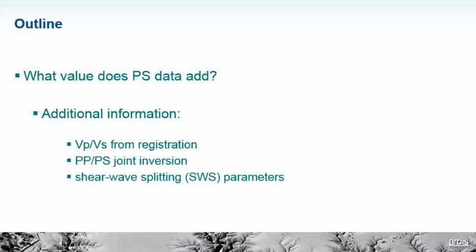Probably more importantly, the more benefit is typically out of joint inversion results, of tying in the PS data with the PP data. And I'm not going to go on any more about that, because Satinder's whole talk right after mine is going to show you some convincing examples of how the PS data adds improvement to those inversion results.